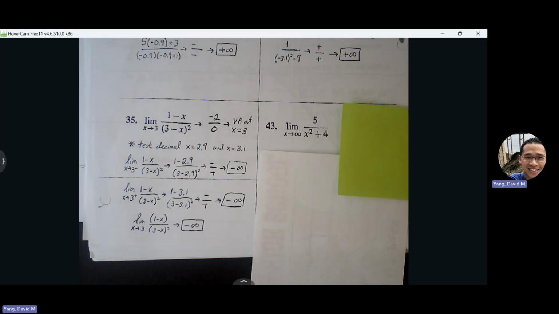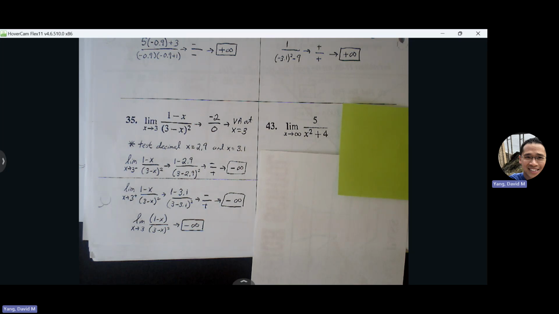So I want to show you here. Let's say I have this situation. Here, if you say the limit doesn't exist, that is true because it's approaching that vertical asymptote.